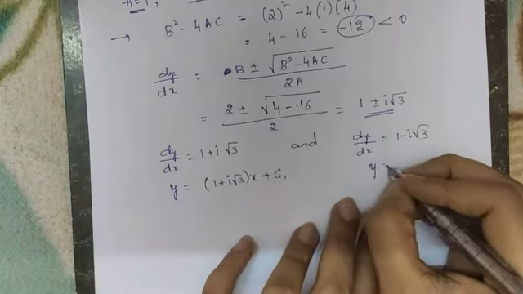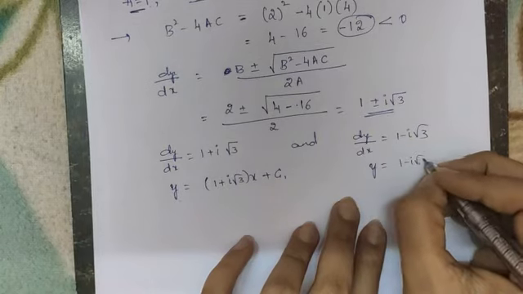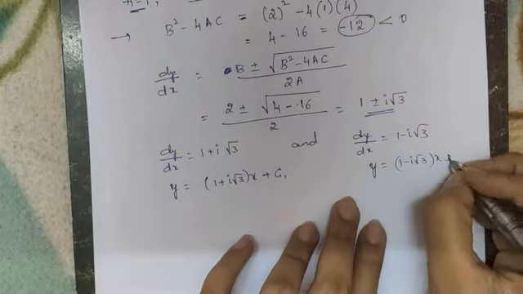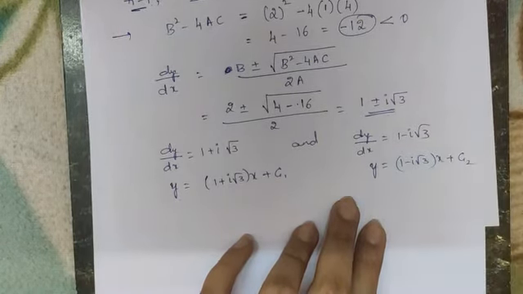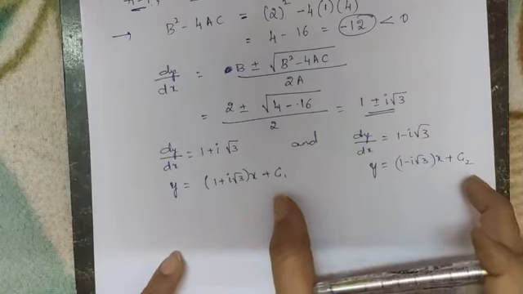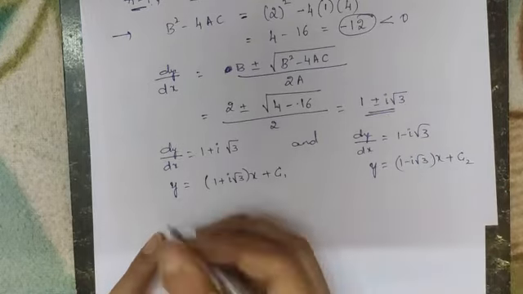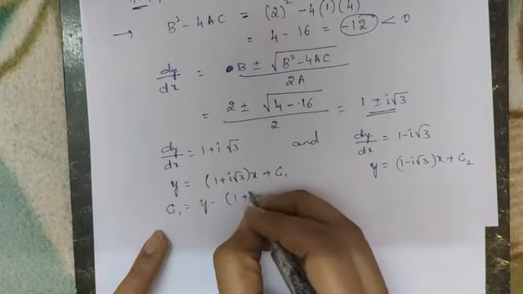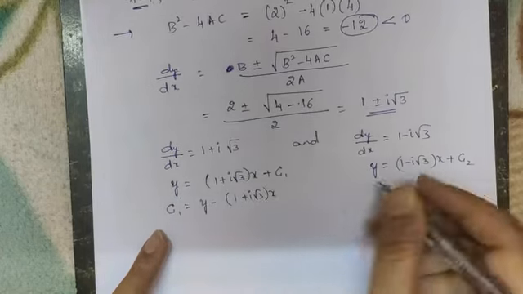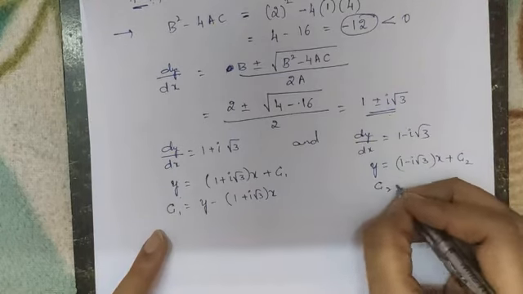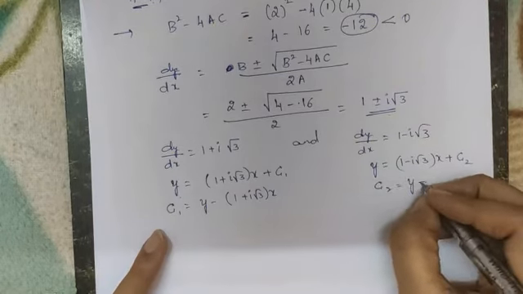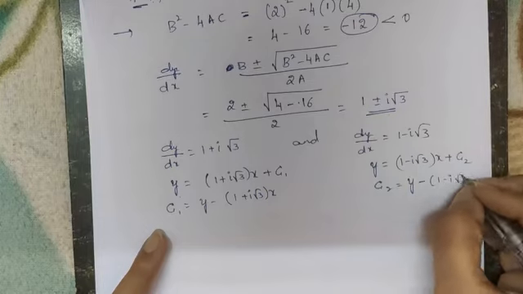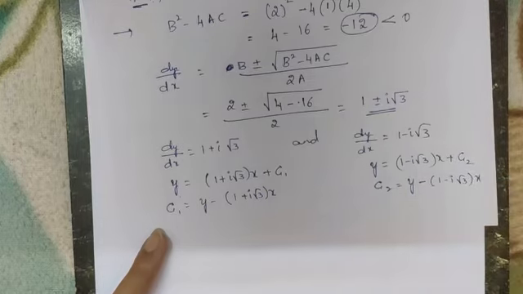Similarly, here you will get y is equal to 1 minus i root 3 into x plus some constant c2. Now if I want to write the solution for c1 and c2, I will get c1 is equal to y minus 1 plus i root 3 into x and c2 is equal to y minus 1 minus i root 3 into x.